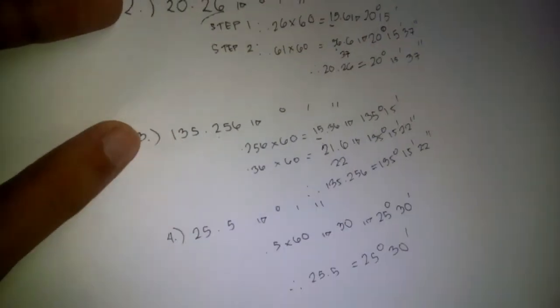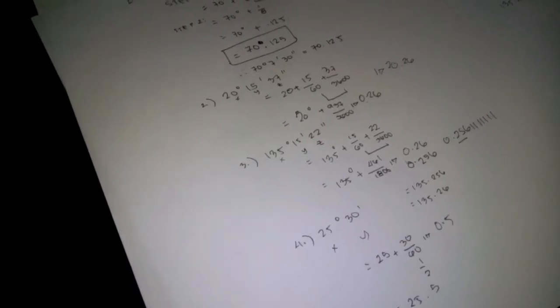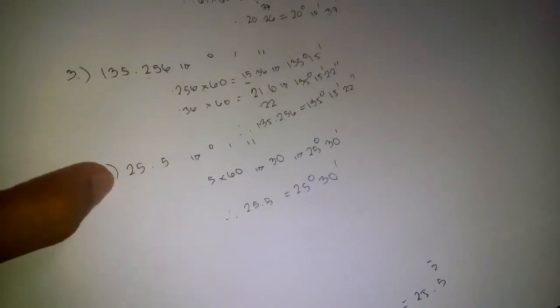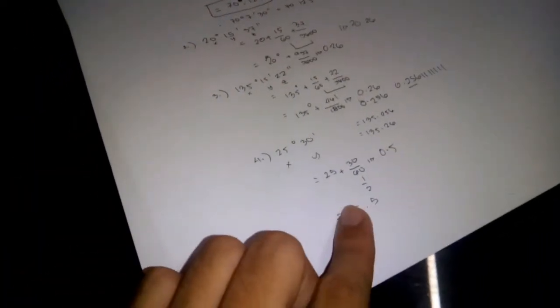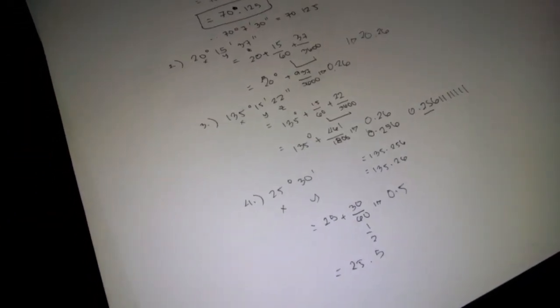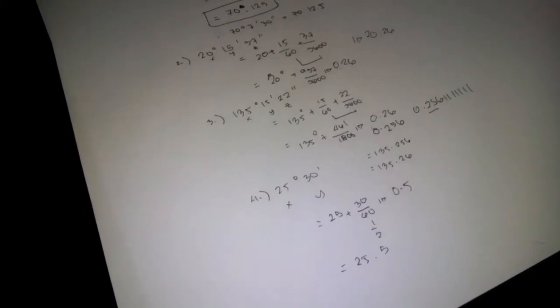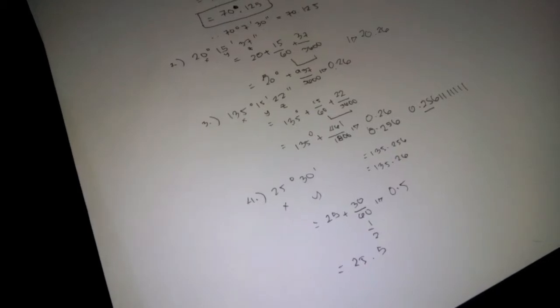Same, right? In number 4 on the last topic it is 25 and 5 tenths, and look at our answer, 25 and 5 tenths. So we conclude that decimal to degree, minutes, seconds, and vice versa have the same answers.